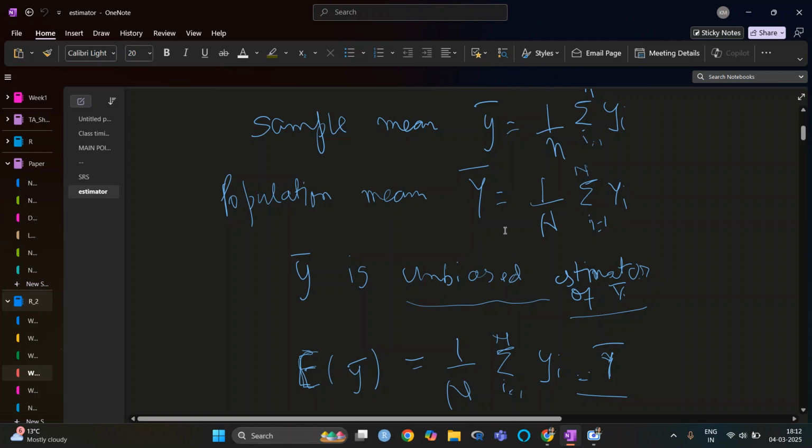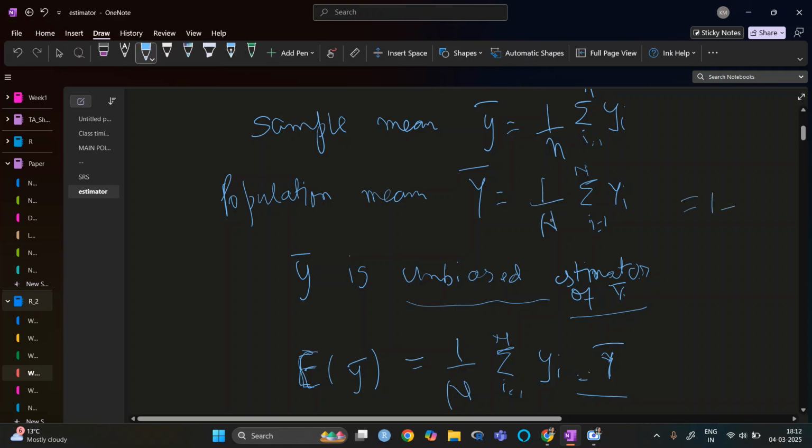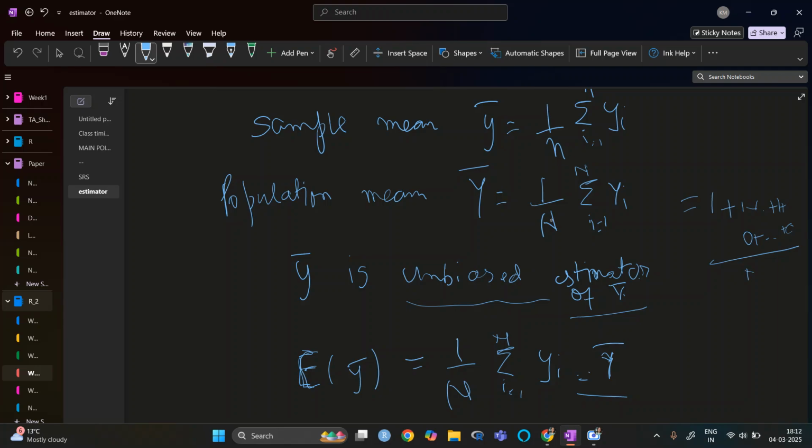So if we take the reference from here, and let's say it is just 1, it will be 1 plus 1 plus 1, and then plus 0 if it is not belonging to the class, and then divided by n. So that total will be p, because we have taken that for p it is total.